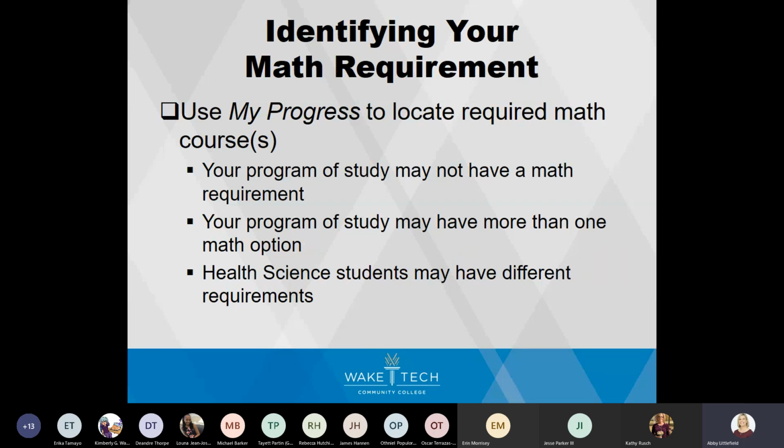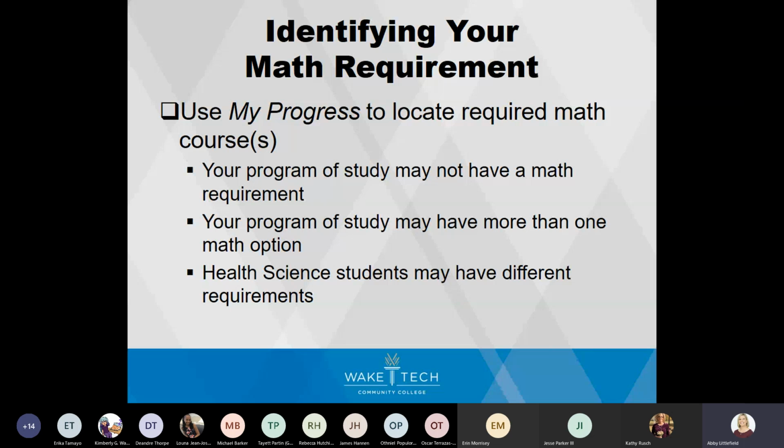So while you're in the My Progress tool that's located within self-service, this is basically all of your degree requirements on one page. So it's going to vary from student to student, because what someone needs to complete a cosmetology degree is going to look different than what someone needs to complete an early childhood education degree.